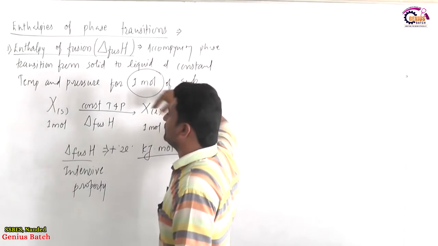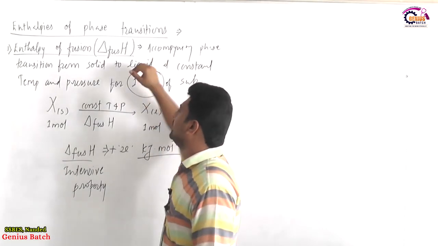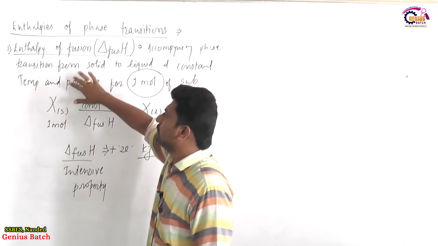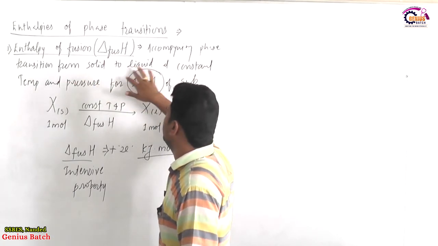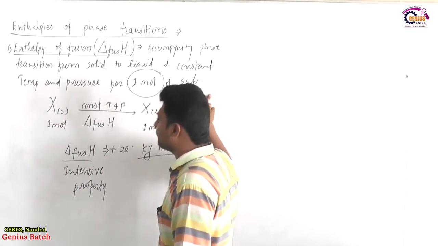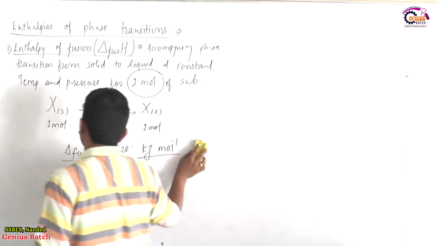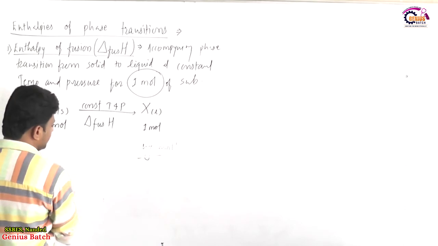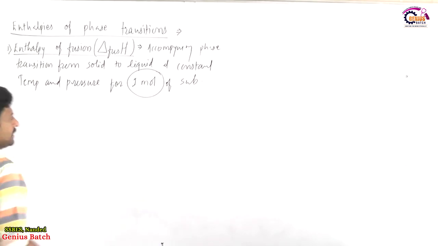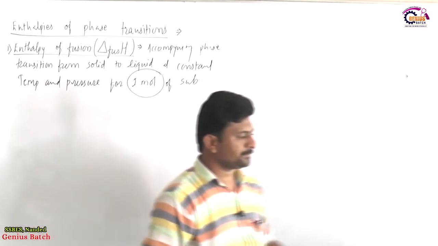With a little rearrangement, we can define it like this: it is the enthalpy change accompanying phase transition from solid to liquid at constant temperature and pressure for 1 mole of substance. Likewise, it will be represented as delta fus H, and the sign of enthalpy change will be positive. It is an intensive property.